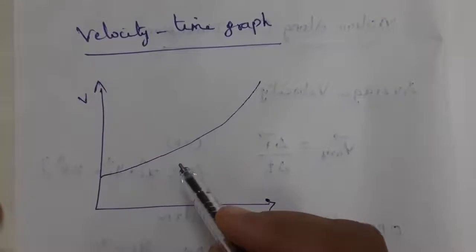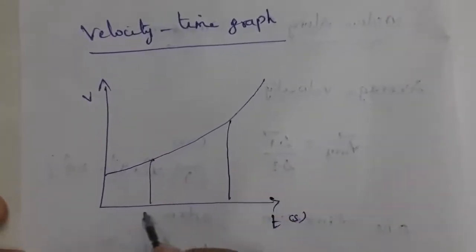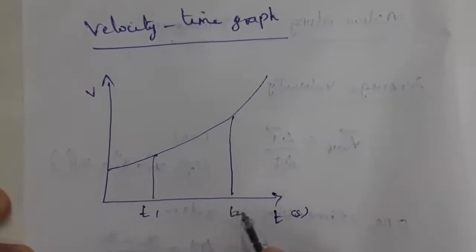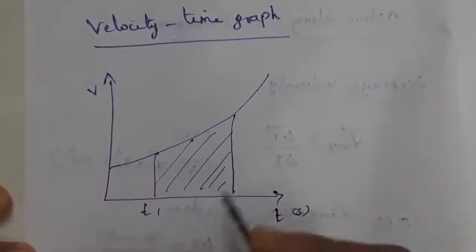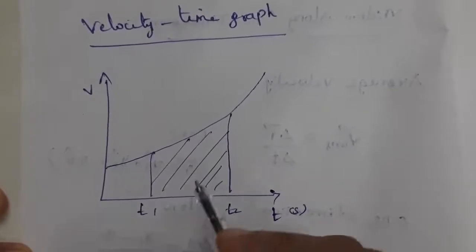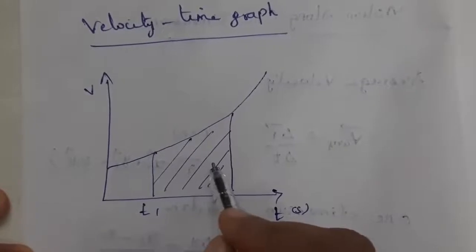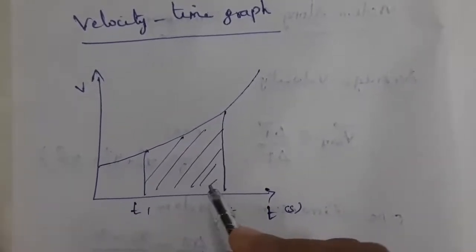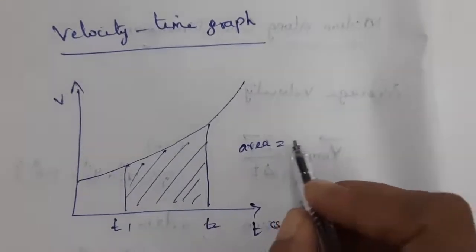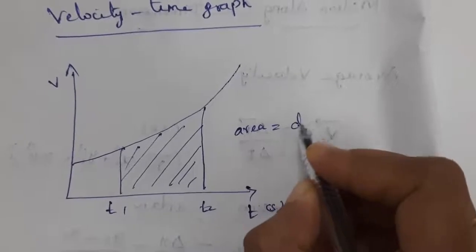That is nothing but, for a particular time interval, that is, this is t1 and t2, the area under this curve is giving the displacement. Area under the curve will give the displacement travelled by the particle from time t1 to t2. So area under this curve is equal to the displacement.